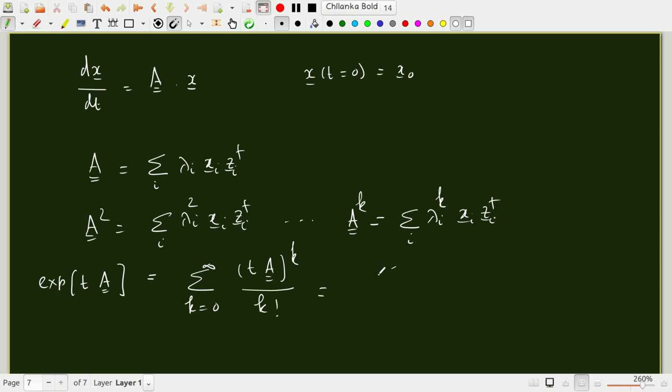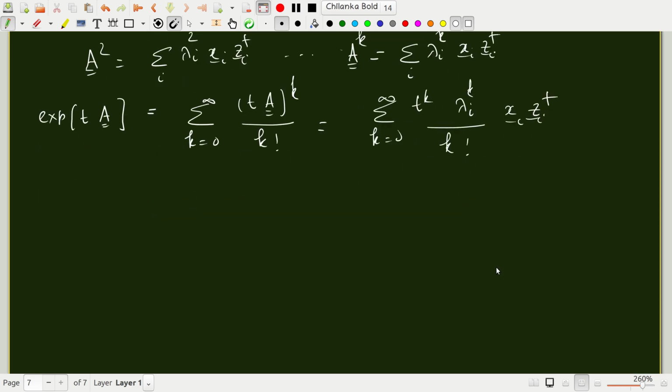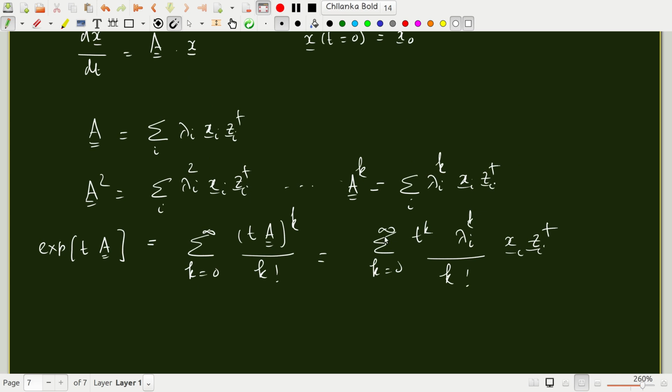This is the sum over k of t to the k, lambda_i to the power k, divided by k factorial, times x_i z_i dagger. I am substituting the formula for A to the power k here. Of course, I have to put double summations here, because there is also a summation over i.